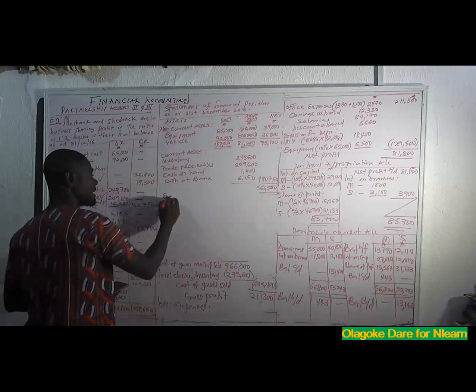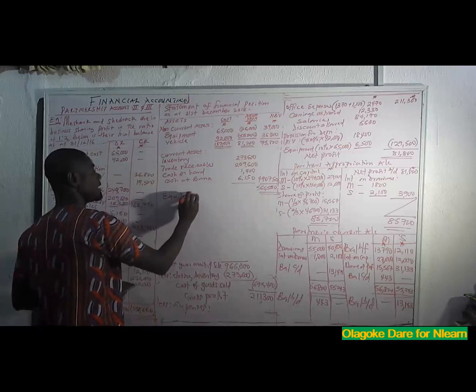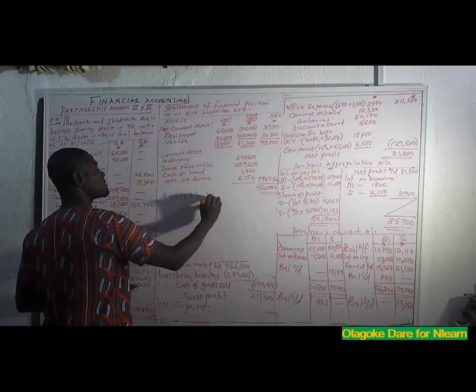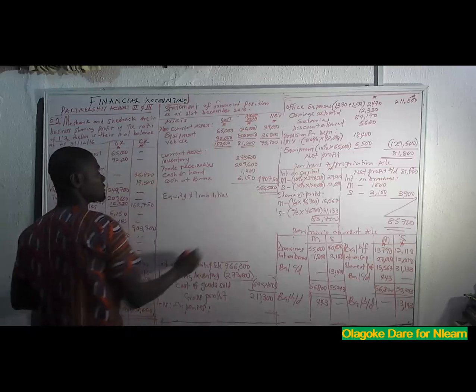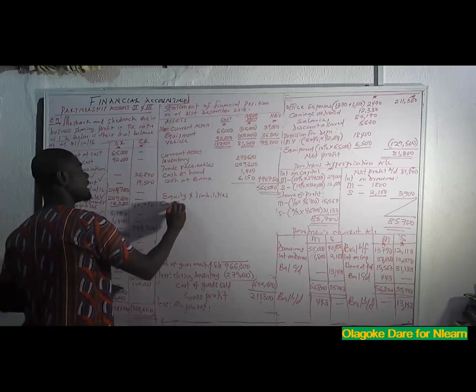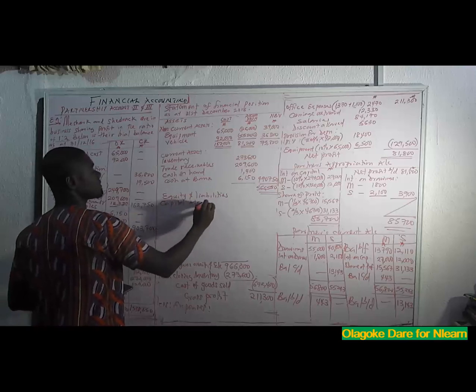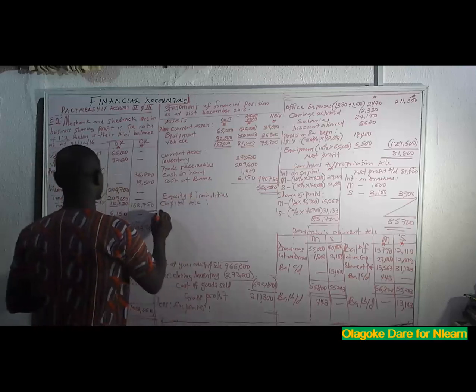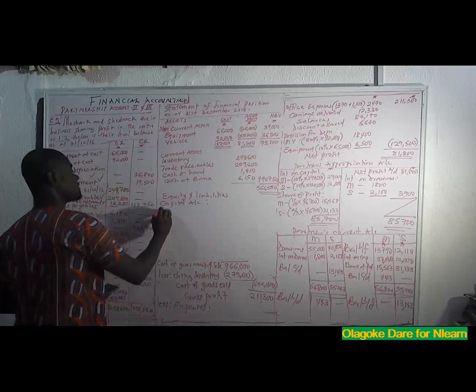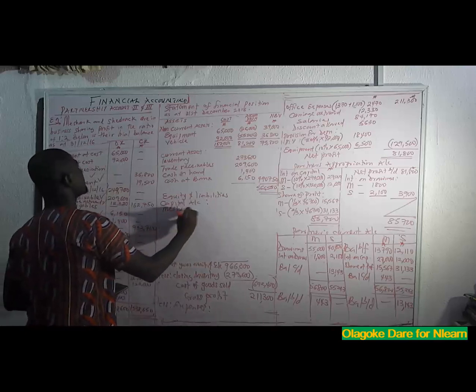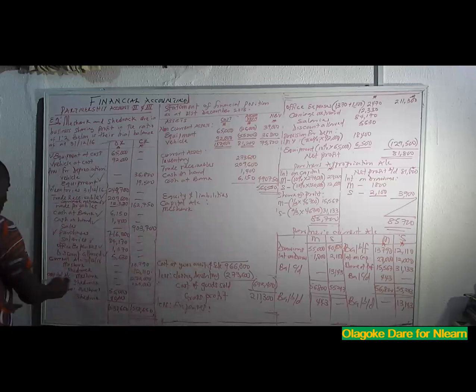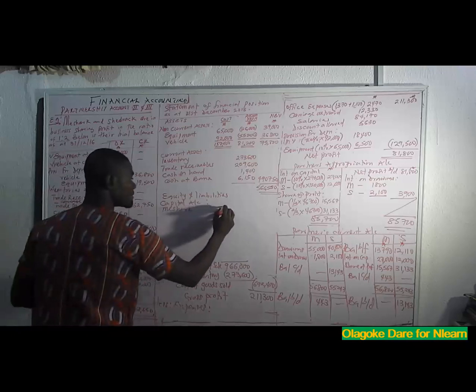So this is the value of my assets. Now let me go to my equity and liabilities. I have my capital accounts. The first person is Mishak. The capital balance of Mishak is 270,000.